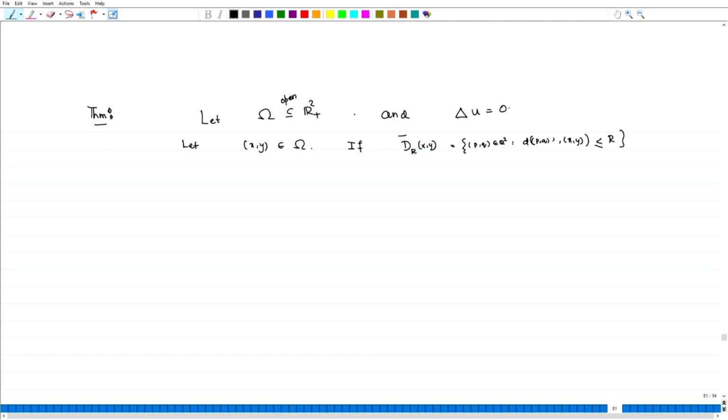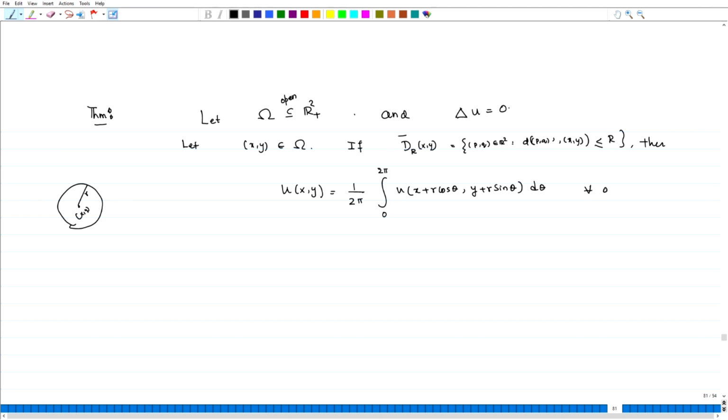Now if I take such a ball, then u of x comma y is equal to 1 by 2 pi, integral from 0 to 2 pi of u of x plus r cos theta and y plus r sin theta d theta. That means this represents what? This represents the circle with radius r centered at x comma y.